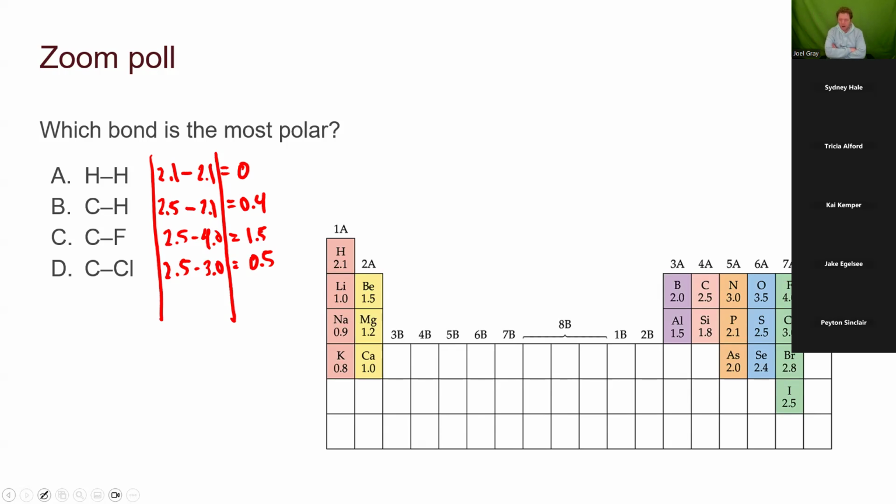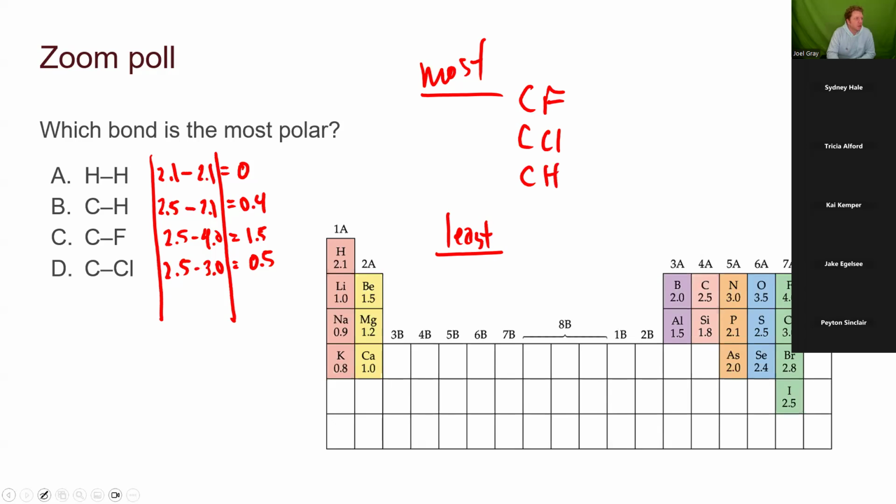Now, if we wanted to take this a step further, we could go ahead and rank them, most to least. We could say CF is our most polar, then CCl, then CH, and last but not least, HH.